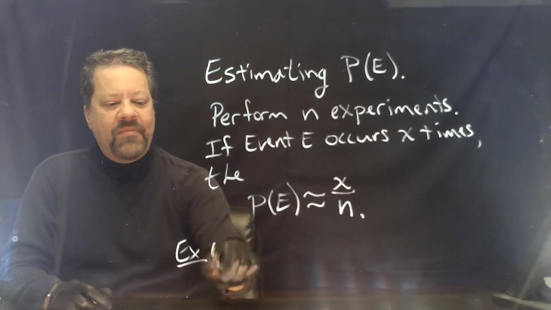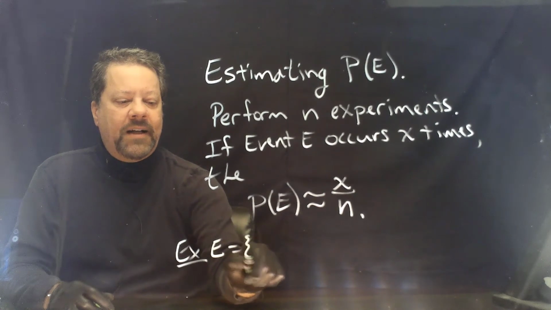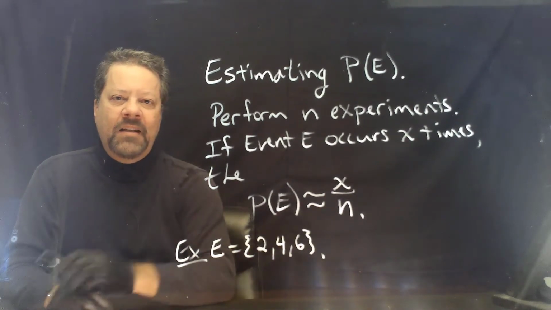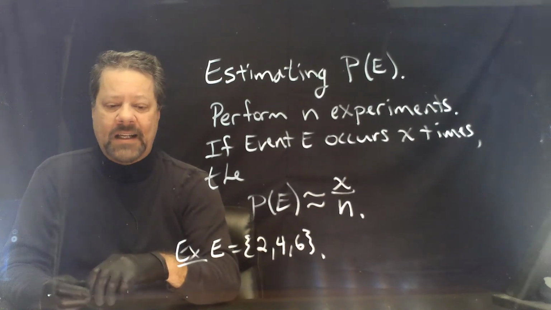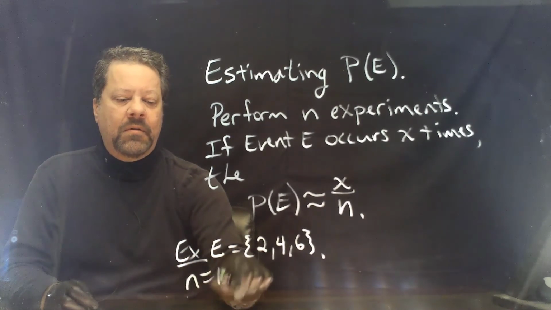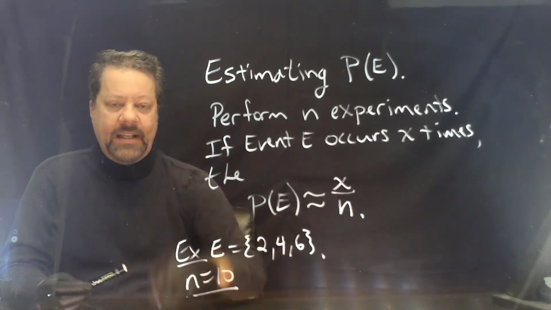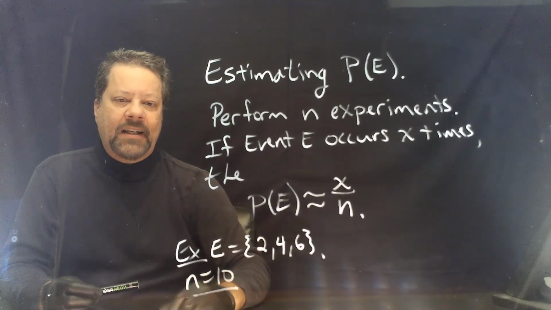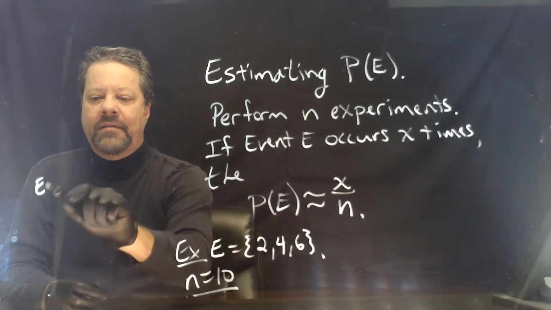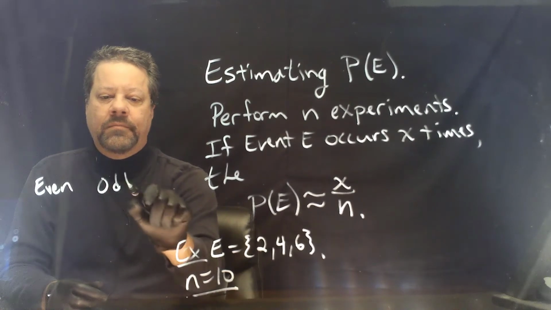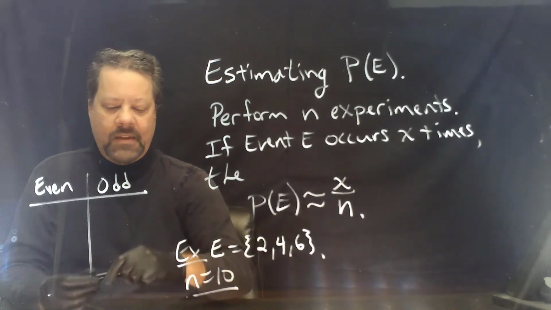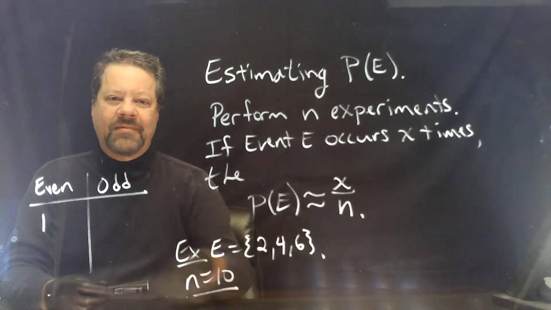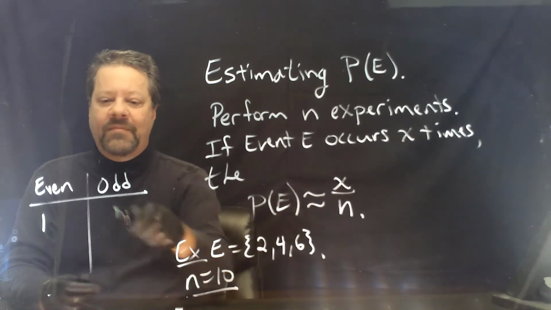Let's suppose E is the event that I roll a 2, 4, or a 6. I'm going to perform an experiment 10 times, where I roll this die 10 times, and I see how many times I get an even and how many times I get an odd. The first roll was a 2. The second roll was a 1.